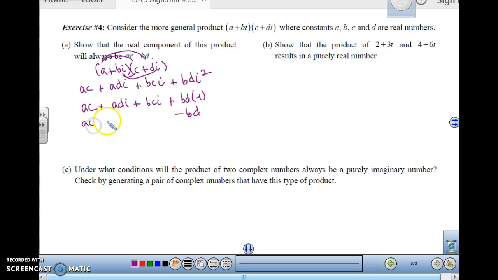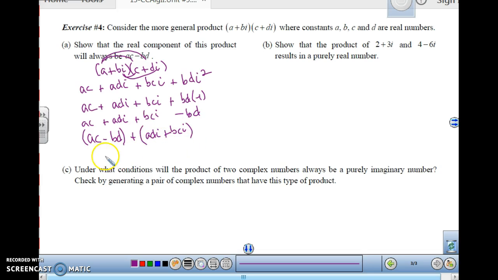So combining my terms here, the ones that I can combine are the AC and the BD because they are real numbers without an I on it. So AC minus BD plus ADI plus BCI. Now, if we want this in the right form where we have a single term, we can think of this as the real part and this is the imaginary part.